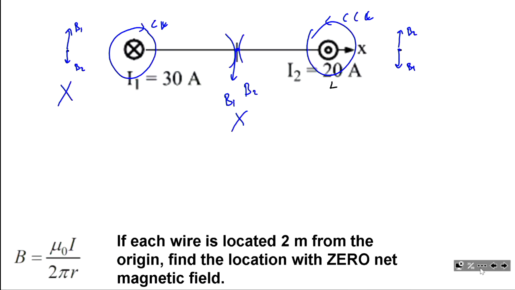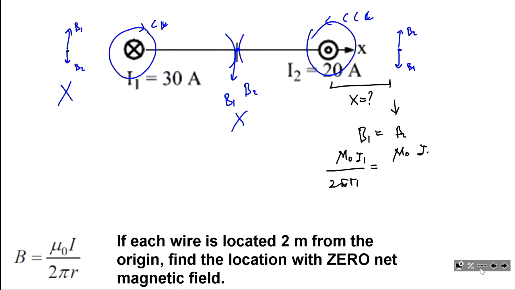So let's say I set this distance to an unknown. That's what I'm looking for. I know that right here, magnetic field strength number 1 should be equal to magnetic field strength number 2. So this is how we calculate magnetic field strength.